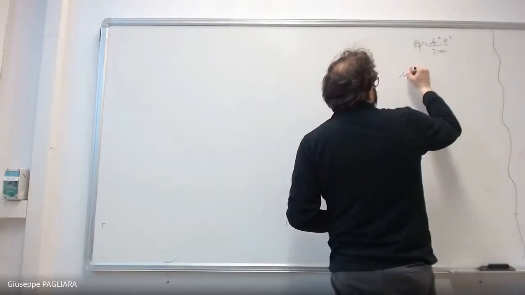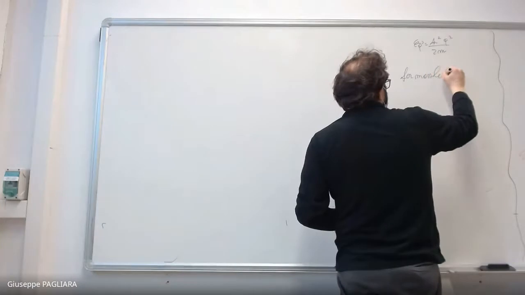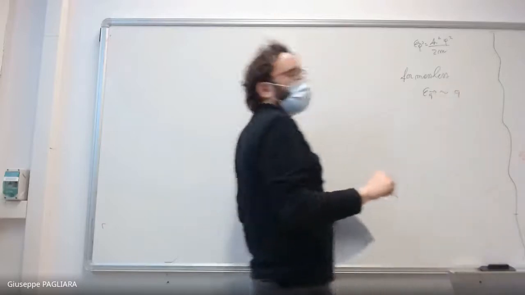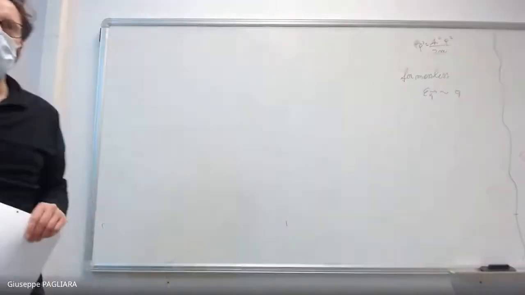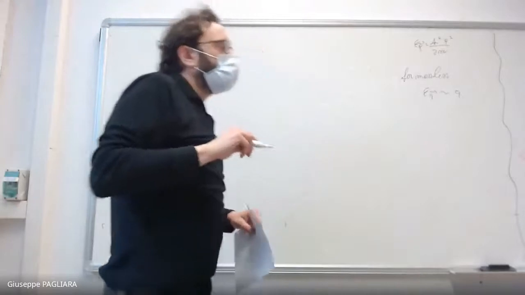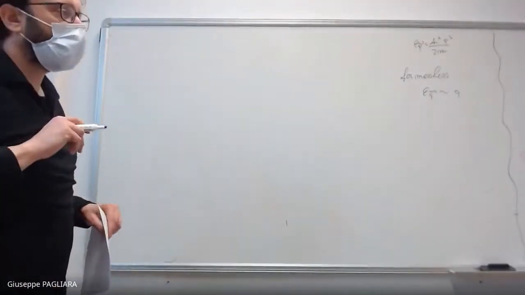For ultra-relativistic, or massless particles, epsilon q will be proportional to q and not to q squared. So in that case, you will see that the coefficient in front of the internal energy is 1/3 instead of 2/3.